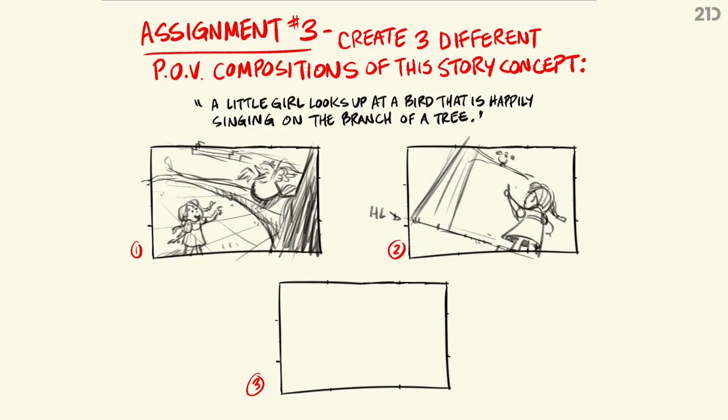There's our branch. This could be a good viewpoint if you had maybe another character like a cat coming in. But it's not the best point of view for just the little girl looking up. But I kind of like it if we had a cat character to come in.